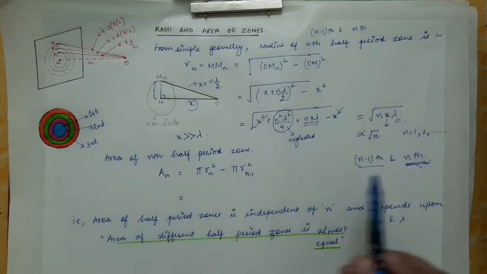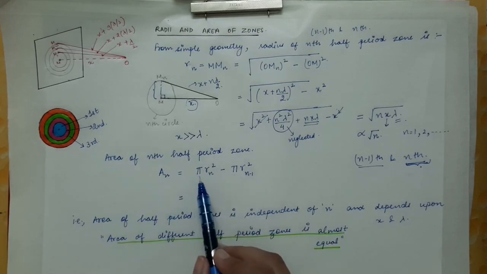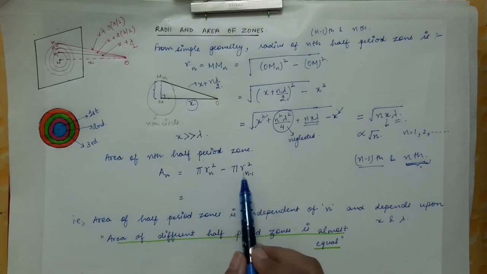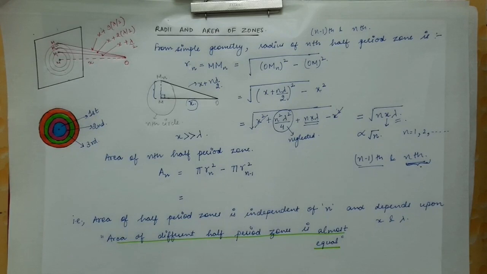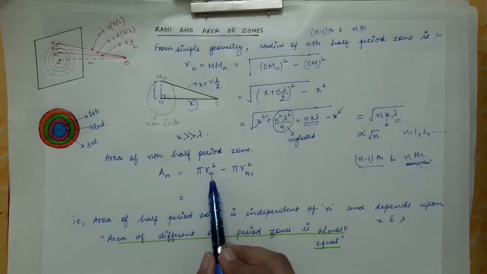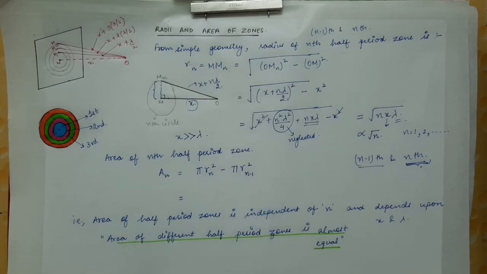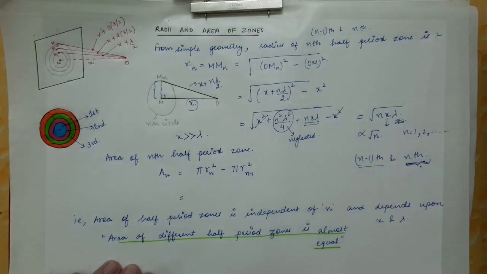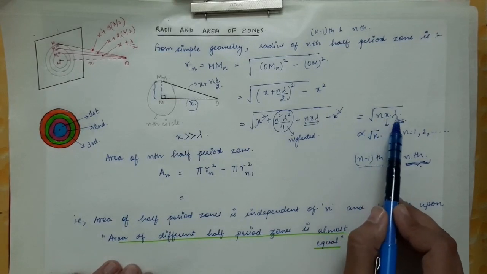So the area of the nth half period zone will be equal to pi Rn square, which is the area of the nth circle, minus pi Rn minus 1 square, which is the area of the n minus 1 circle. Rn is the radius of the nth circle, and Rn minus 1 is the radius of the n minus 1 circle. So we will just use the formula that we have just derived, that the radius of the nth circle is equal to under root of nx lambda.